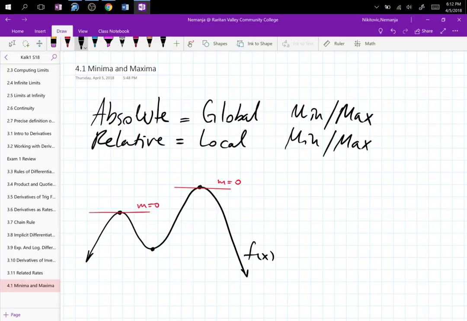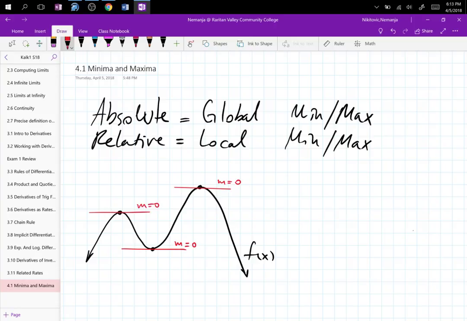Also, we get the same thing at this minimum here. So anytime you have a horizontal tangency, which is a horizontal tangent line with slope equals 0, hence horizontal, we have a min or a max.